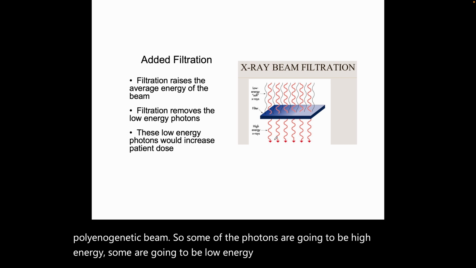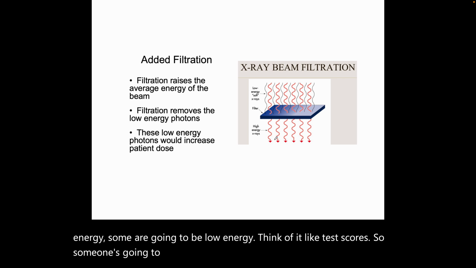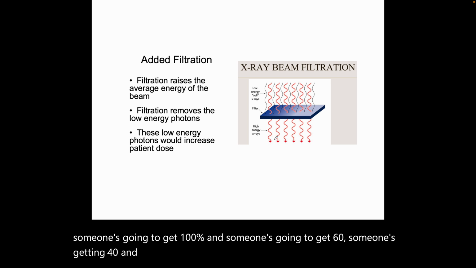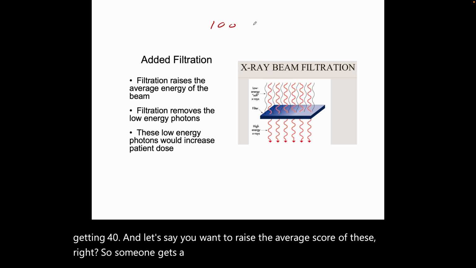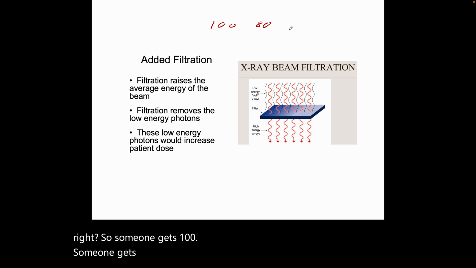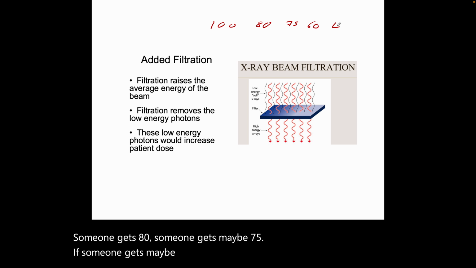Think of it like test scores. Someone's going to get 100%, someone's going to get 60, someone's going to get 40. Let's say you want to raise the average score. So someone gets 100, someone gets 80, someone gets maybe 75, someone gets maybe 60, someone gets 40.